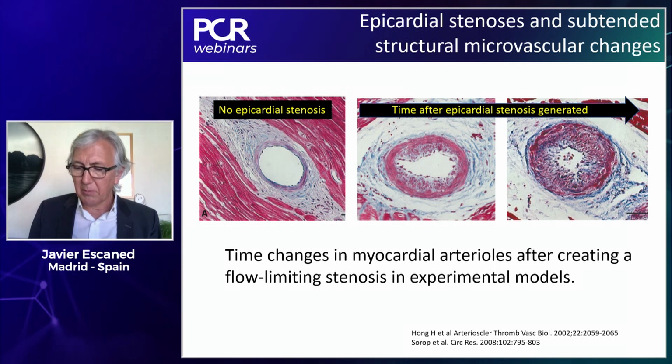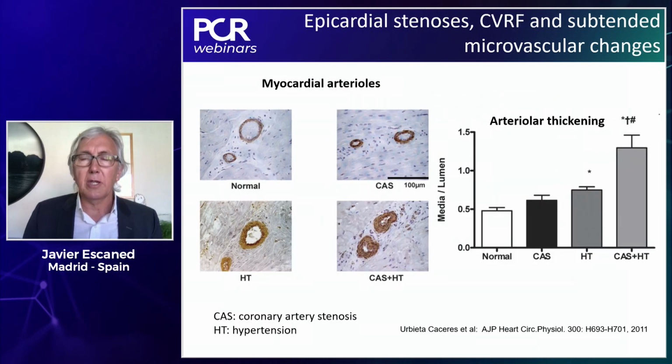Now, we were saying before that there is a very strong interplay between cardiovascular risk factors, epicardial atherosclerosis, and microcirculatory dysfunction. We know that some of the risk factors for INOCA are the same cardiovascular risk factors for atherogenesis.